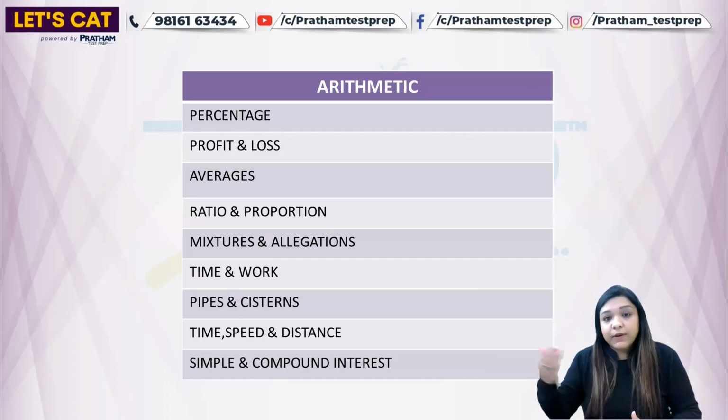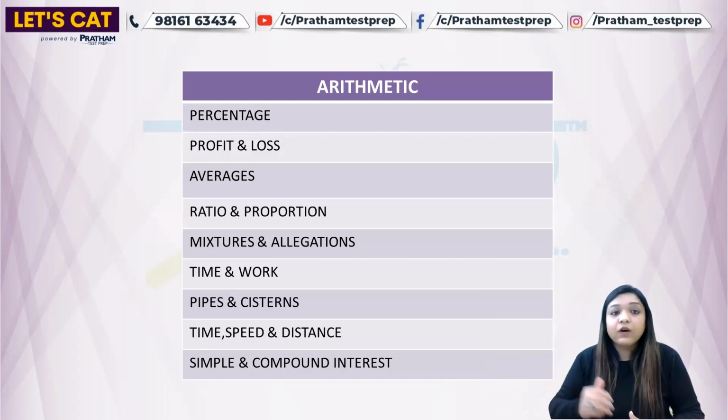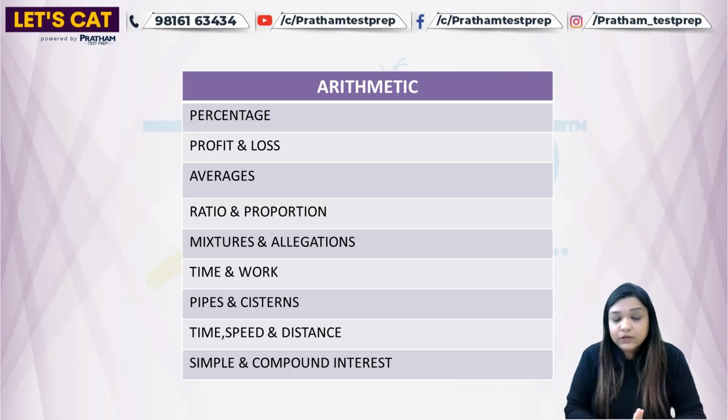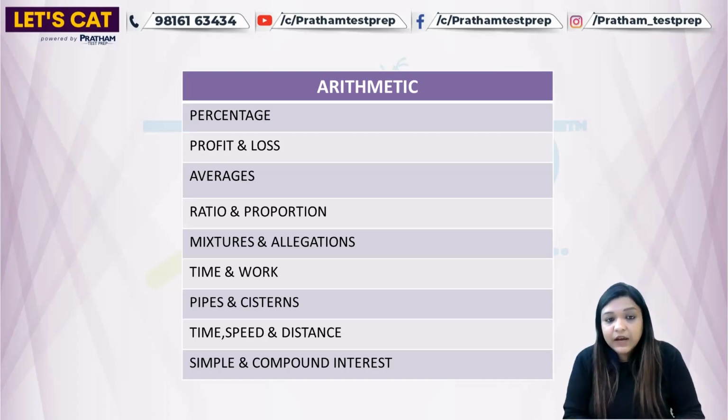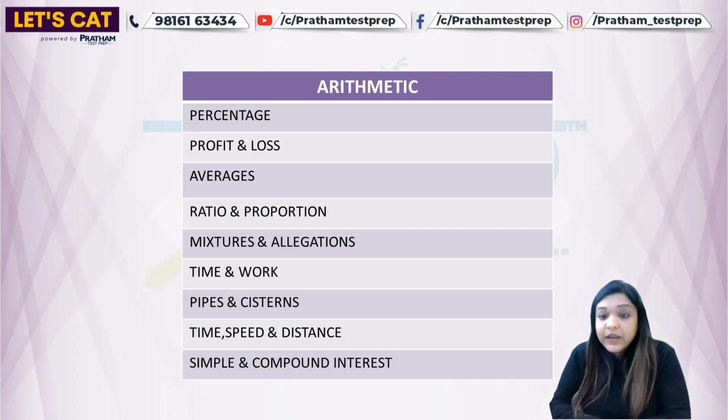We are going to discuss percentage, profit and loss, averages, ratios and proportion, mixtures and allegations, time and work, pipes and cistern, time, speed, distance, simple and compound interest. It is not the case that any topic in arithmetic is not so important, as questions do come from these topics. Percentage, profit and loss, TSD, questions come from all of these. So we cannot call any one of them a light subtopic. We have to study all of them in detail, in depth.